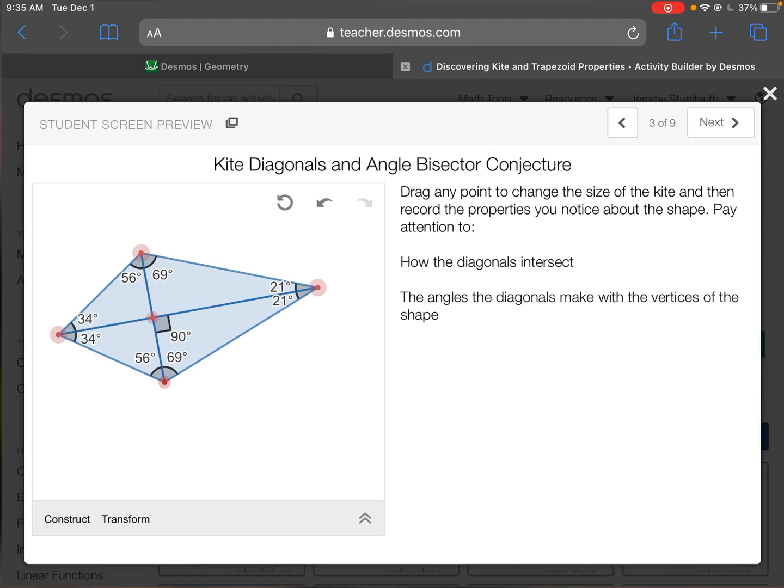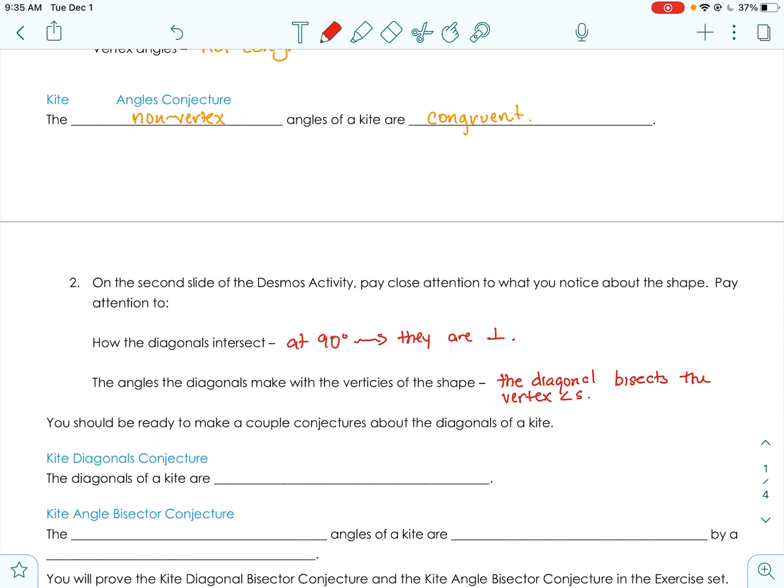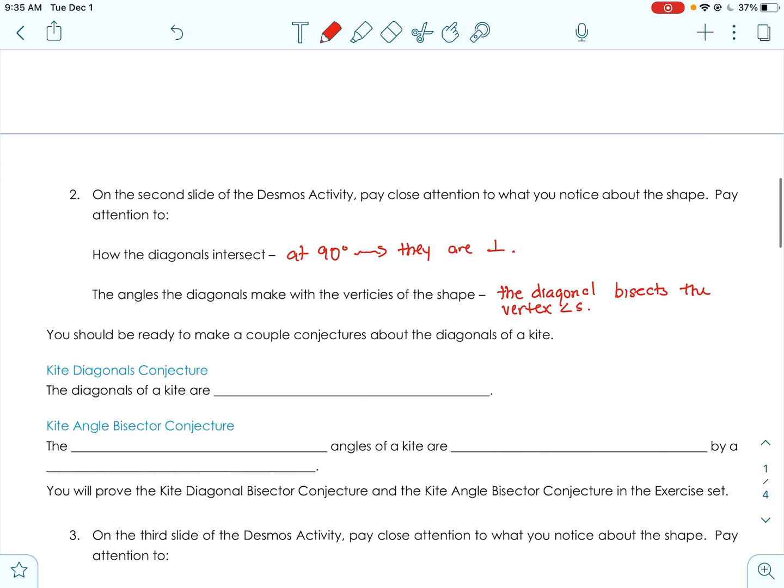Okay, so if we come back over here and we try to make a conjecture, let's first take a look at the kite diagonals conjecture. My fault, we're going to take a look at the first one right here. So the diagonals of a kite are, what can we say? They intersect at 90 degrees, which means they are perpendicular. So the diagonals of a kite are always going to be perpendicular.